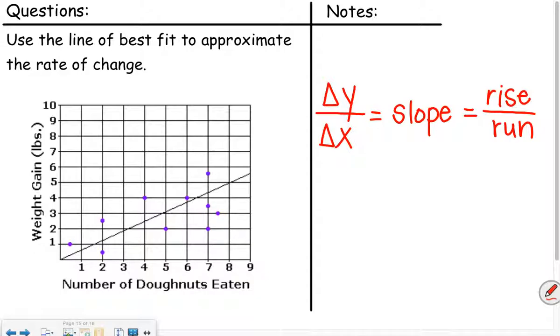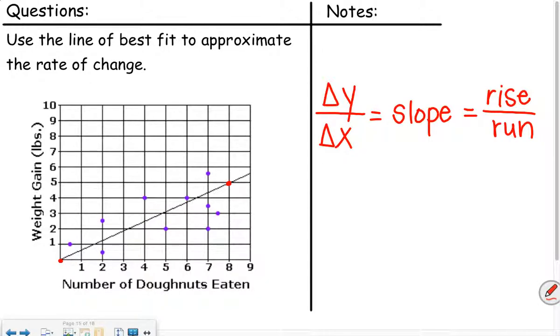So what I'm going to do is find two spots where my black line nicely crosses a grid line. So I would say that this spot in the corner here, and if I follow my line, the next spot where it touches exactly in the corner, I would say is here. Some of you might say that one, but I don't think it's perfect. So that's why I wouldn't use that one.